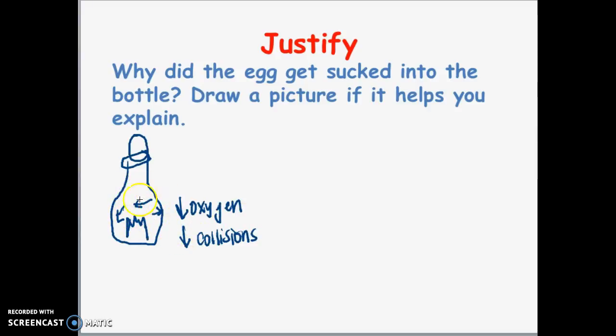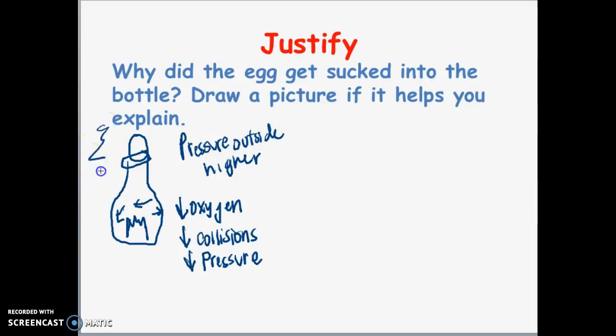You have fewer oxygen molecules inside, so there are fewer collisions and a lower pressure as a result of this, meaning that the pressure on the outside will be higher. So we have a higher pressure on the outside compared to the inside. That's going to cause the egg to be pushed down into the container because the outside pressure is higher. So it's going to force this egg to go into the container.